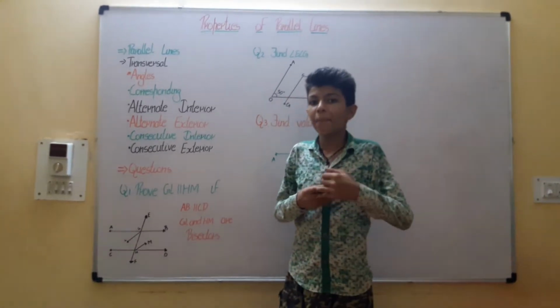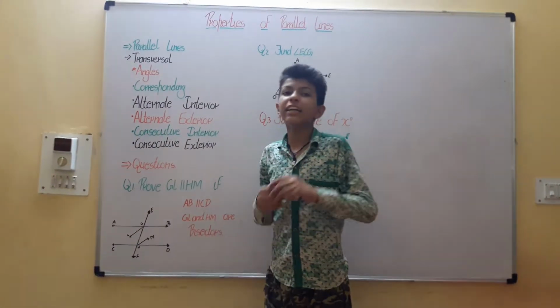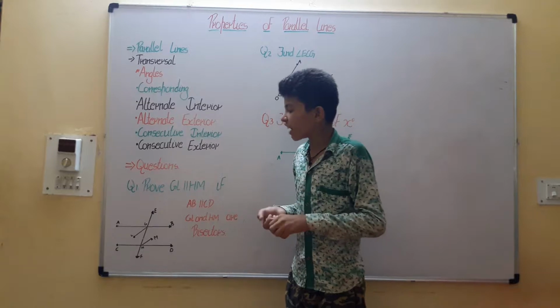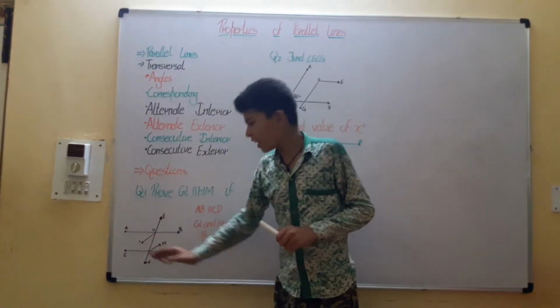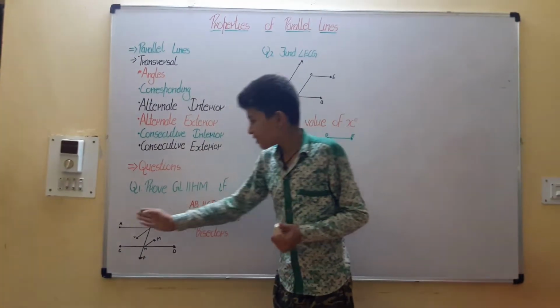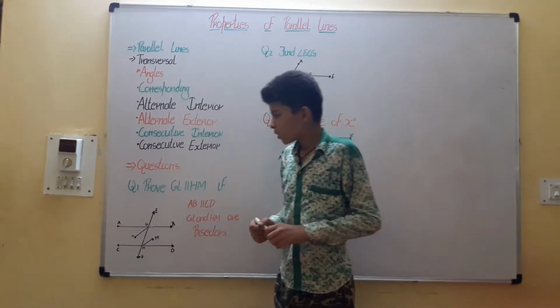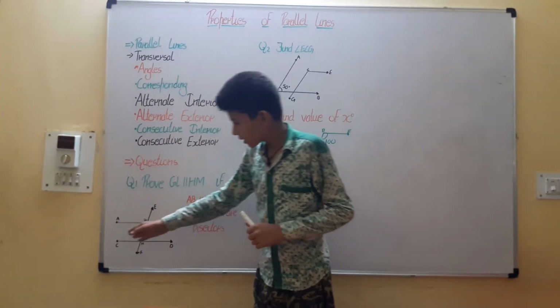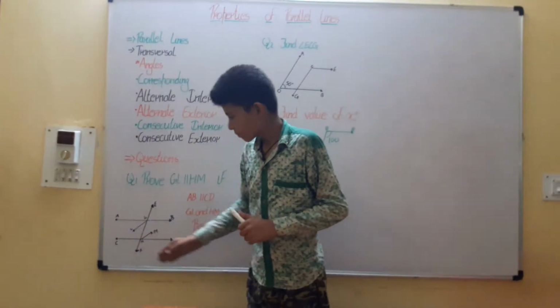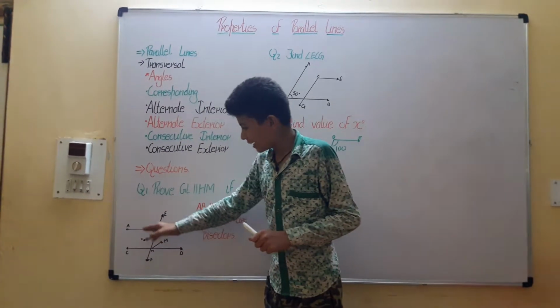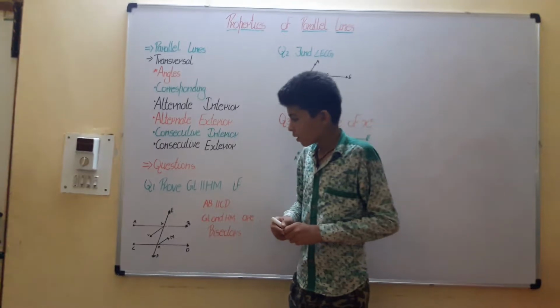By bisector I mean that it divides an angle into equal halves. So GL divides which angle? It divides angle AGH, because it lies between them.